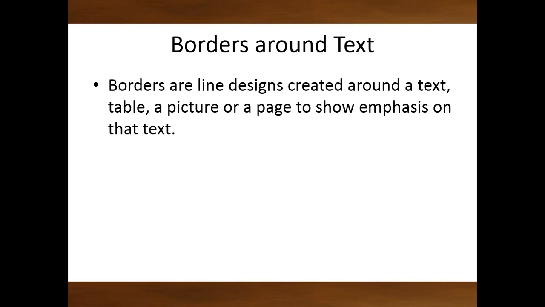That is, if we have some text and we want to indicate emphasis, one of the ways to indicate emphasis on that particular text would be to create borders around that text.